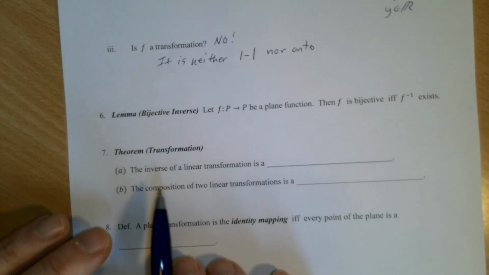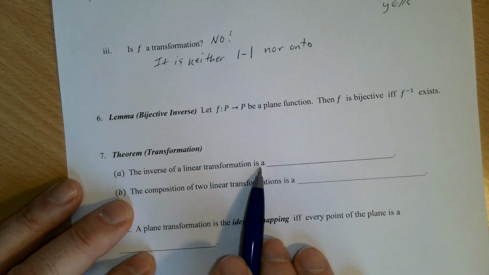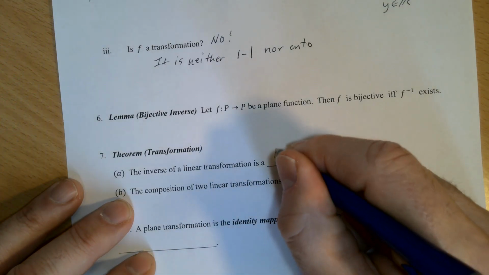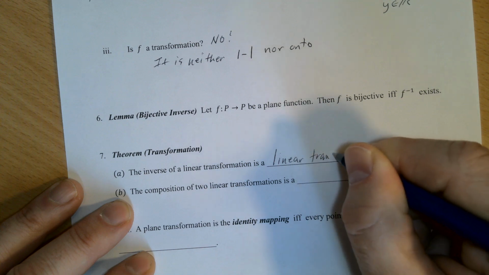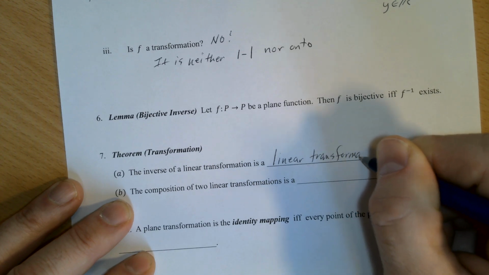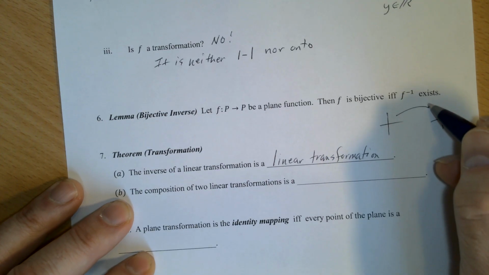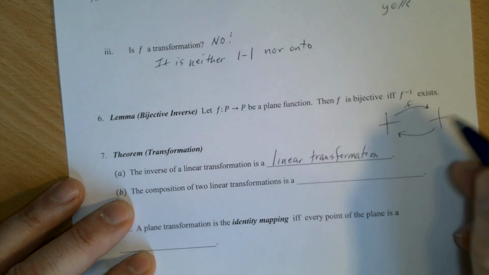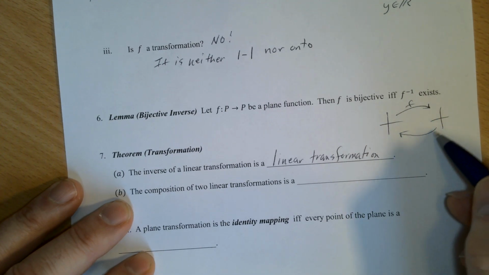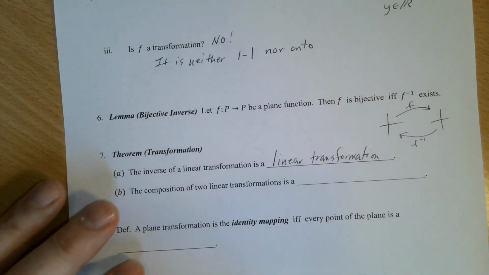Here's a theorem. The inverse of a linear transformation is a linear transformation. So if f is a linear transformation, its inverse will take the points over here and map you back into this one, and that would also be a linear transformation.